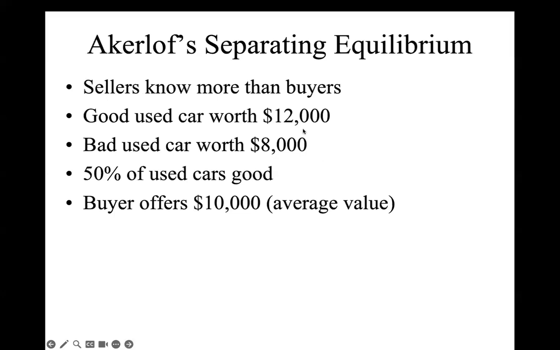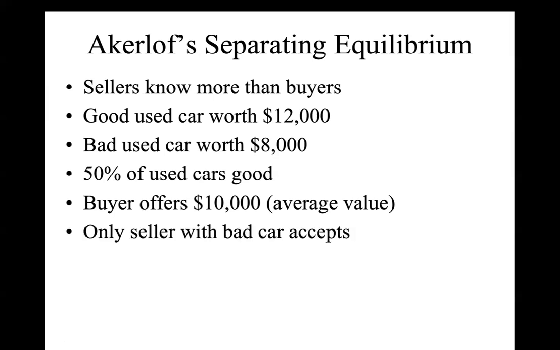You could just say 8 plus 12 divided by 2 equals 10. Okay. So if the buyer doesn't know if the car is going to have good mechanics or bad mechanics, they're going to reduce their risk by offering the average value or the expected value. And so they offer 10,000.